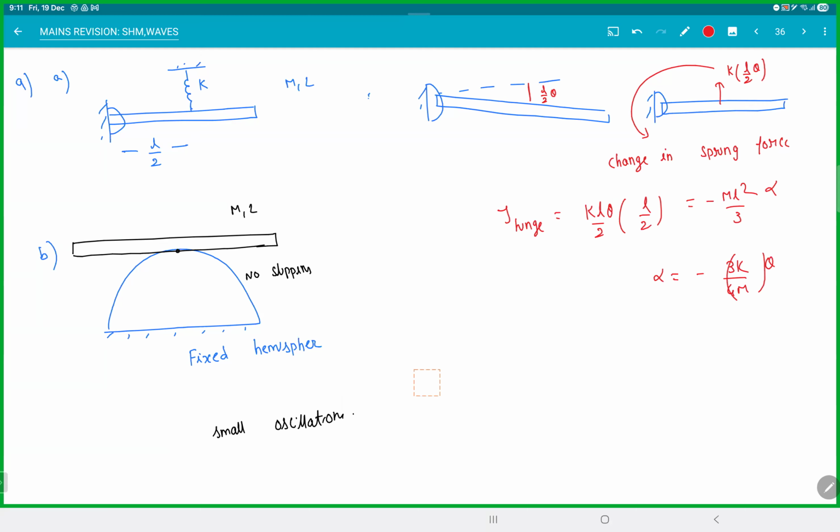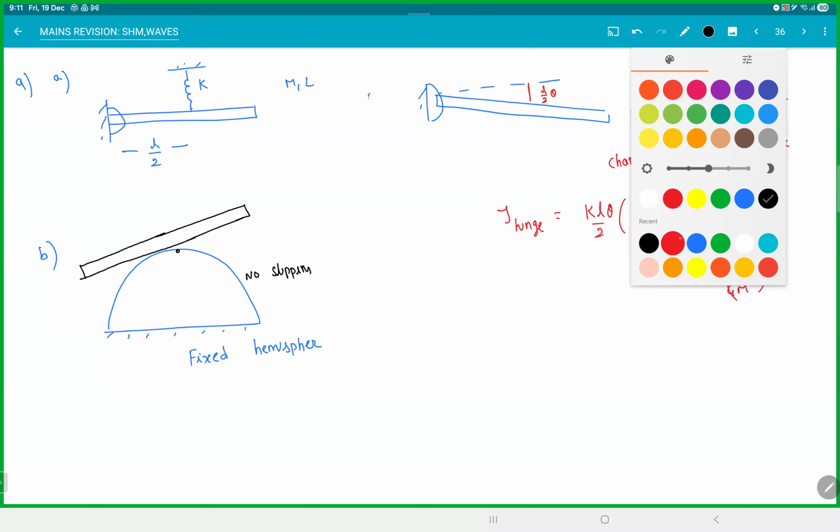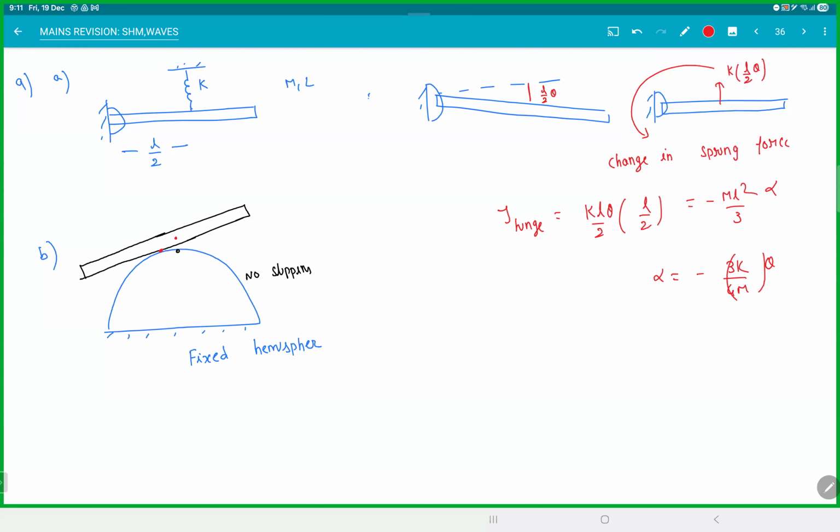What about this guy? Displace it by small theta. Then your rod becomes like this. So your center of mass will be somewhere here. Again, kind of an approximation this thing is. So you displaced it by small theta here.